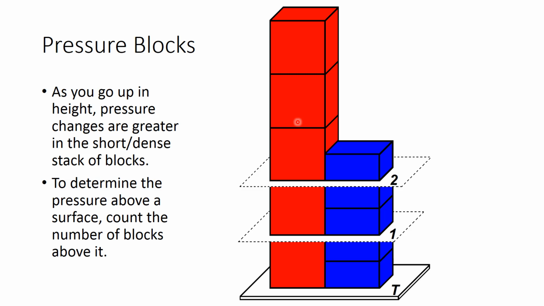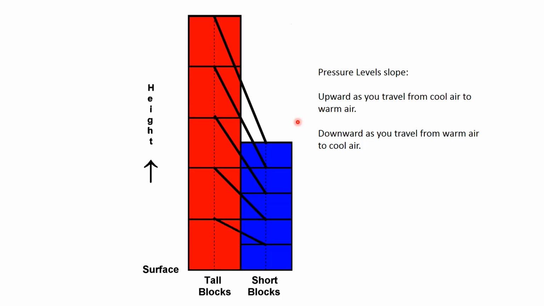And this is actually true in the two-column model as well. And this is basically the next diagram that they drew there. And basically what they wanted you to do is connect the top of the tall stack to the top of the short stack and create these lines basically indicating what are called pressure surfaces.